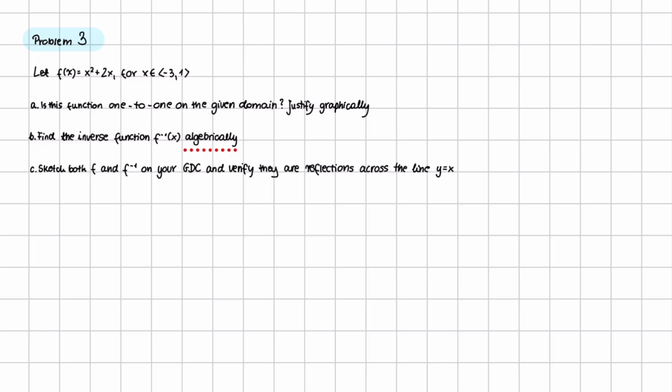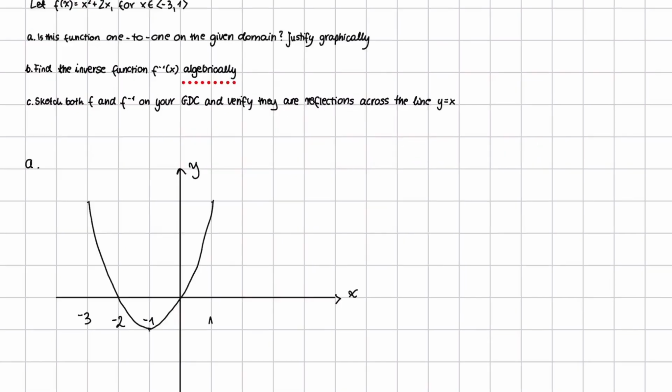So now we have to type our function into our GDC, draw it, and then redraw it on paper, and then check whether each x has one y. So this is our function, and we can observe that our function is not a one-to-one function. And if you cannot see it, you can also draw a straight horizontal line like this.